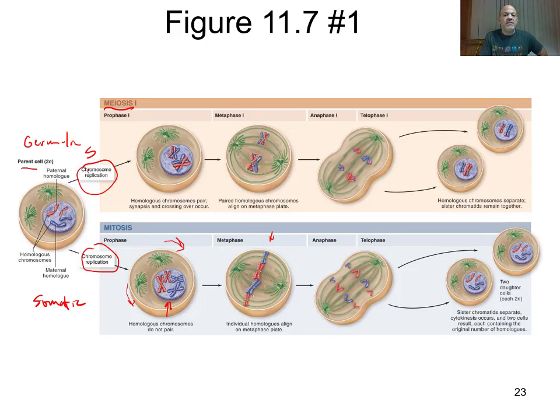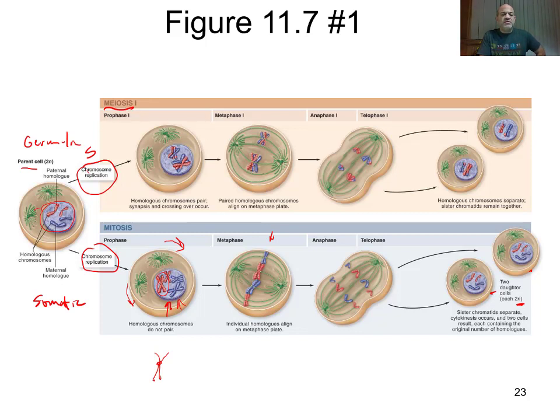Then at metaphase, they line up in the middle, and once everything checks out at that checkpoint, the separase goes and breaks down the cohesin, and your chromosomes get separated, and then you end up with 2 daughter cells that are genetically identical, and both are still diploid. They still have the 4 chromosomes that we started with. So we start with 4 chromosomes here, replicate them, and so we have our sister chromatids connected at the centromere.